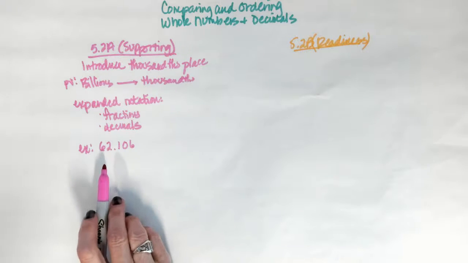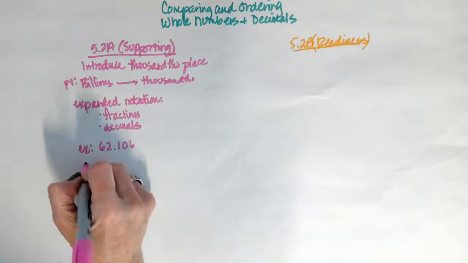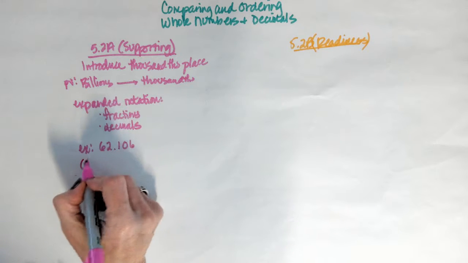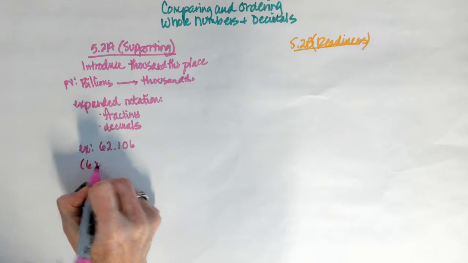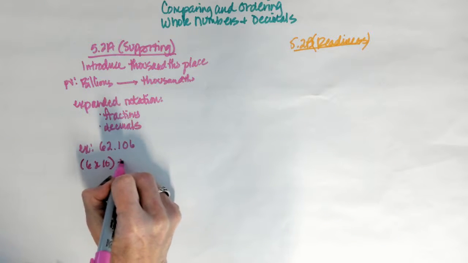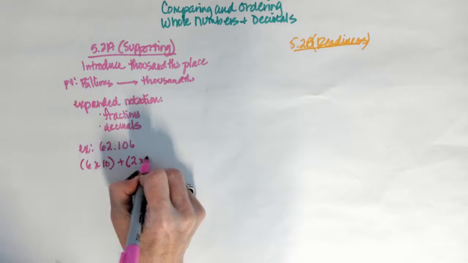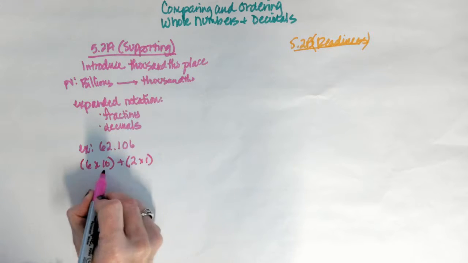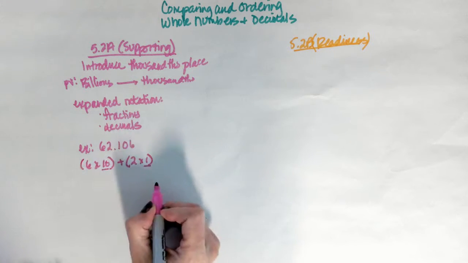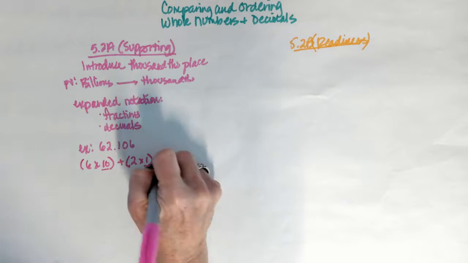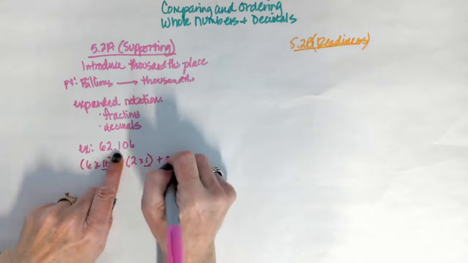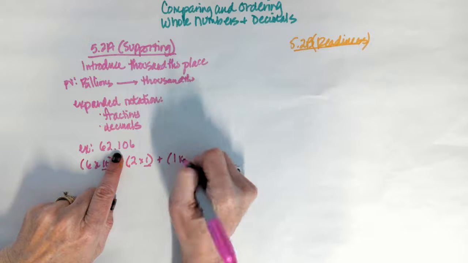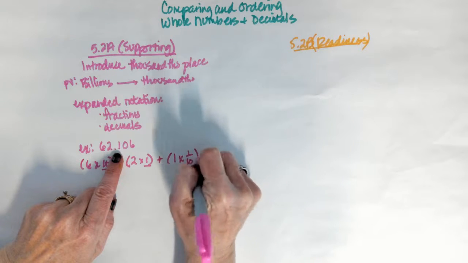So back to this number, if I needed to represent this in expanded notation, I'm going to do fractions first. 6 times 10 plus 2 times 1. Notice I'm giving the value of the place that number is in, plus, next, 1 times, I'm doing fractions, 1/10.